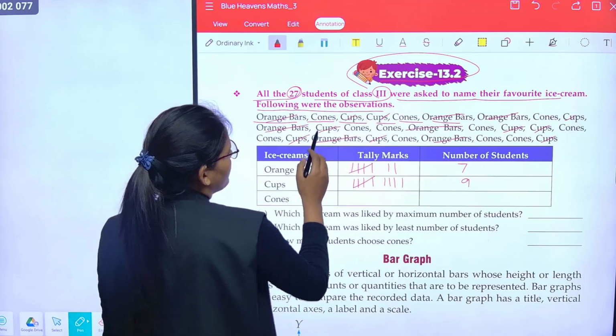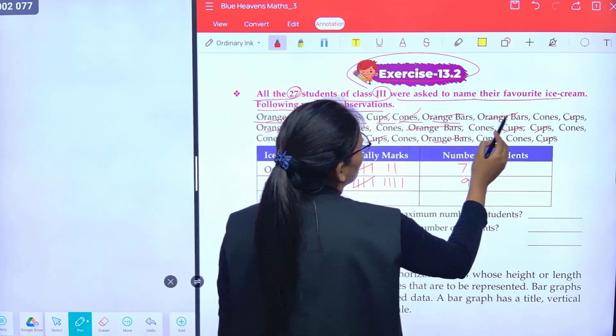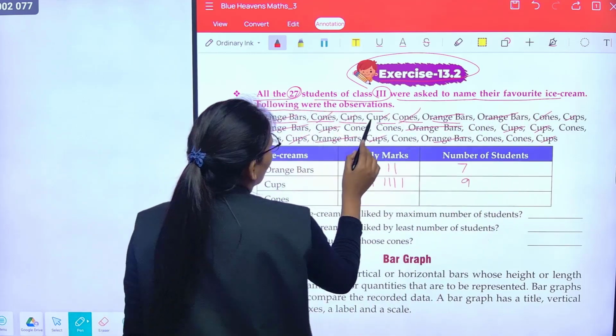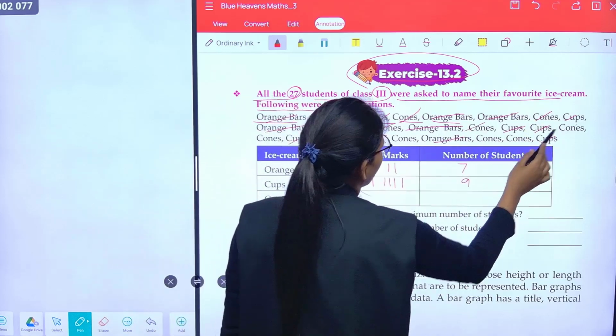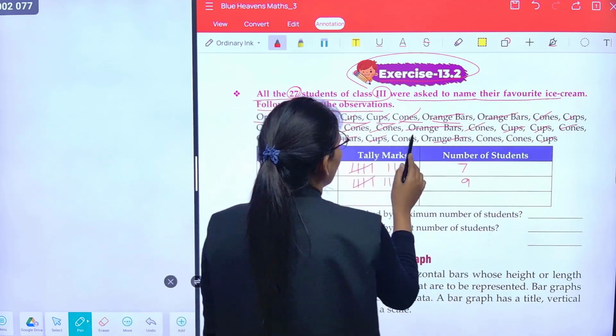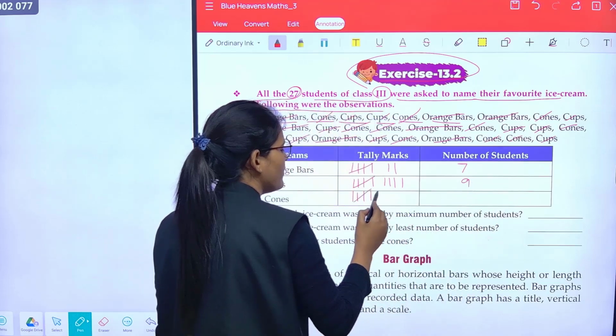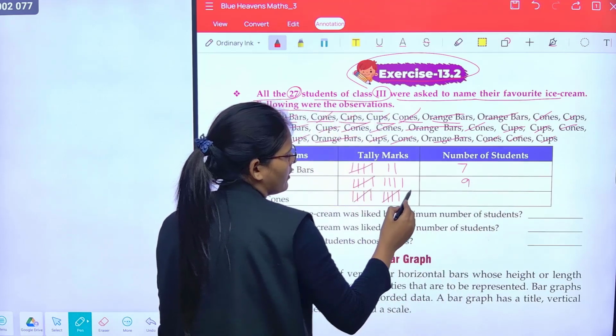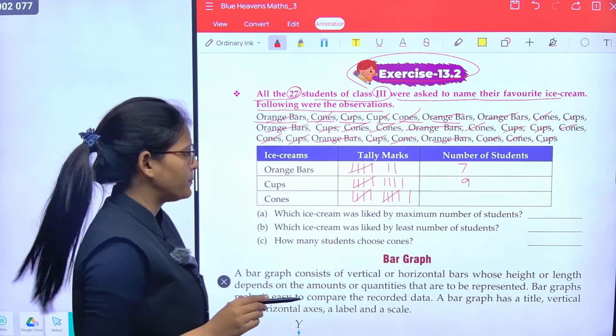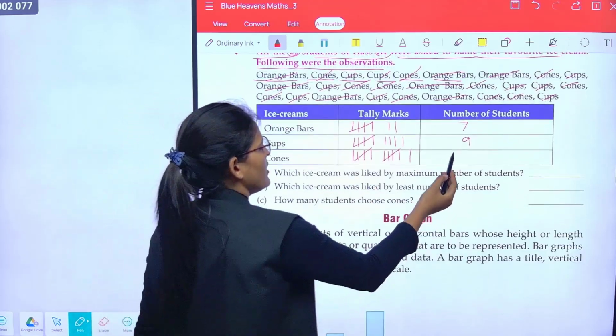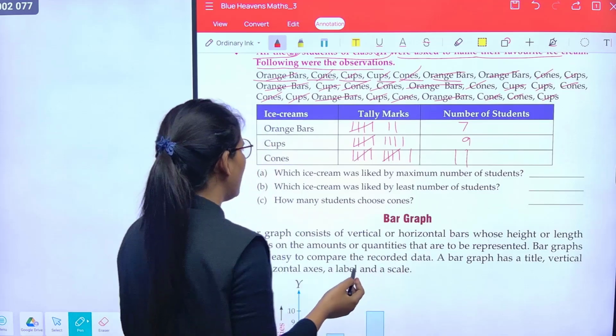Now cones: 1, 2, 3, 4, 5, 6, 7, 8, 9, 10, 11. Okay, here is 11. Understand?